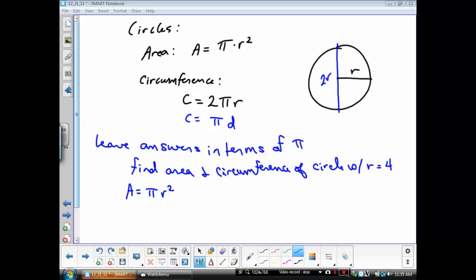Our area is pi times 4 squared, which is 16 pi. 4 squared is 16. We write that as 16 pi, and we leave our answer like that.